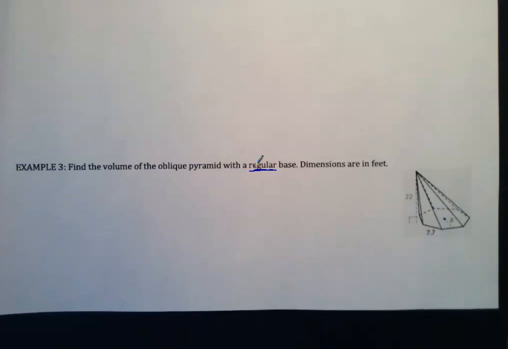So not 7 times 7 times 7.7, because all the sides of that polygon down there are equal, all 7 sides. That's why I continue to point it out every time: if it says it's regular, it means all the sides are equal on that shape.